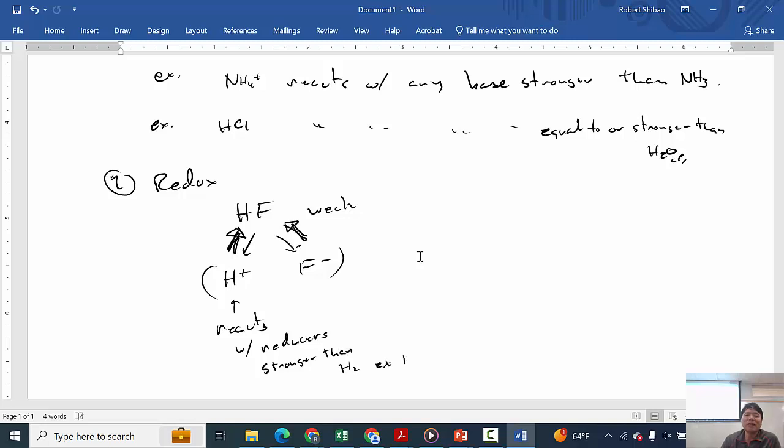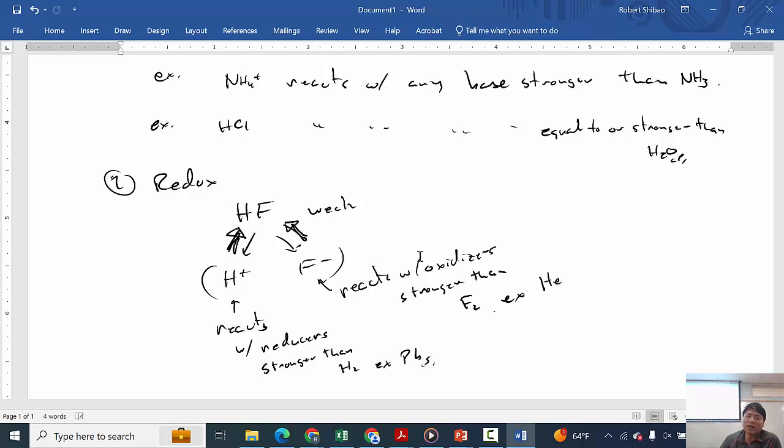An example would be lead, metal. This reacts with oxidizers stronger than fluorine. An example here would be alpha particles.